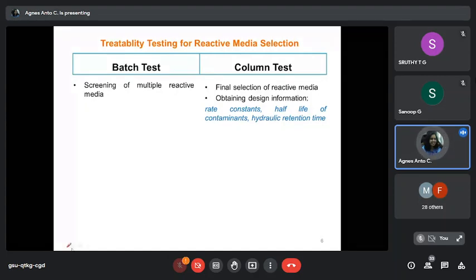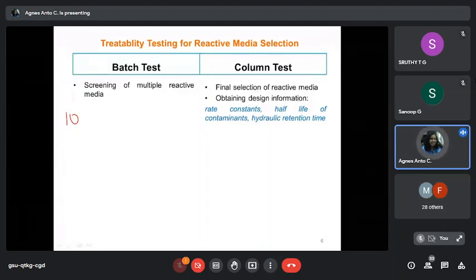In batch test, suppose I have a set of 10 materials, and I want to know whether each is capable of acting as a reactive material for removing a particular contaminant from the groundwater. How do I do it?